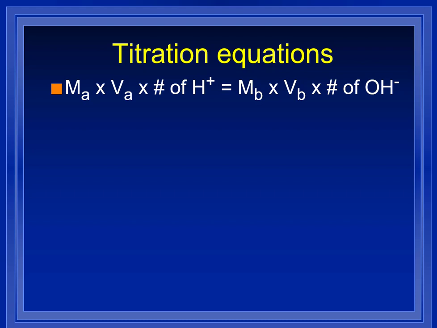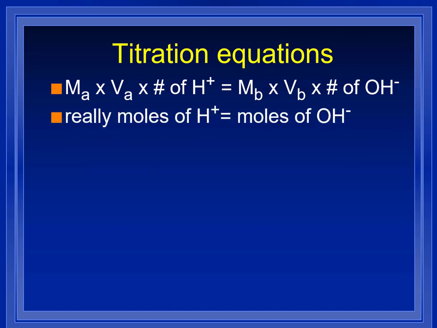Because molarity times liters will tell me moles of acid, and the number of H's in that acid, if I multiply by that, that'll tell me how many moles of H I have. Molarity times liters will give me moles of OH minus. And then if I multiply it by the number of OH minuses, that'll tell me how many moles of OH minus I have. This is really just moles of H plus equals moles of OH minus.